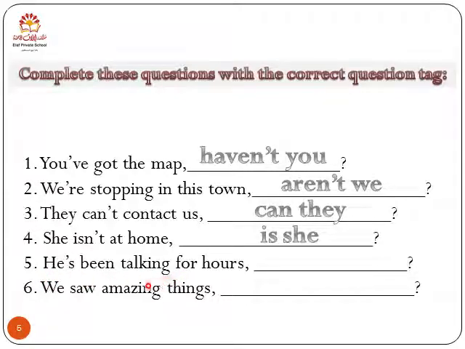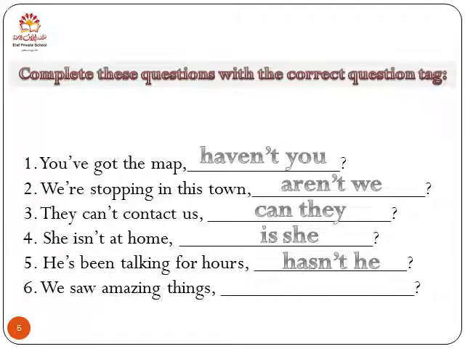So you have to say, he has been talking for hours. Tricky, right? So this is positive, so you have to put it here in negative. He's been talking for hours, hasn't he? So see, the negative form is hasn't he.